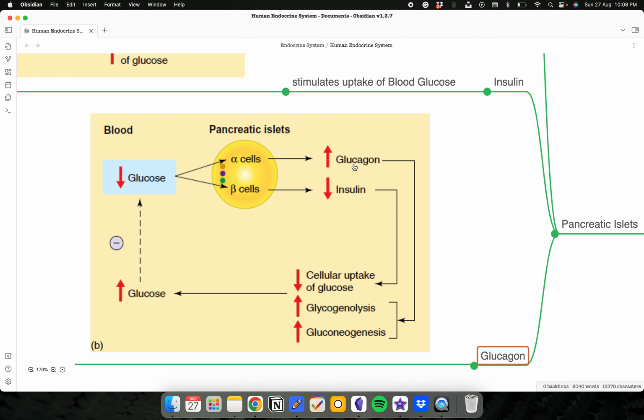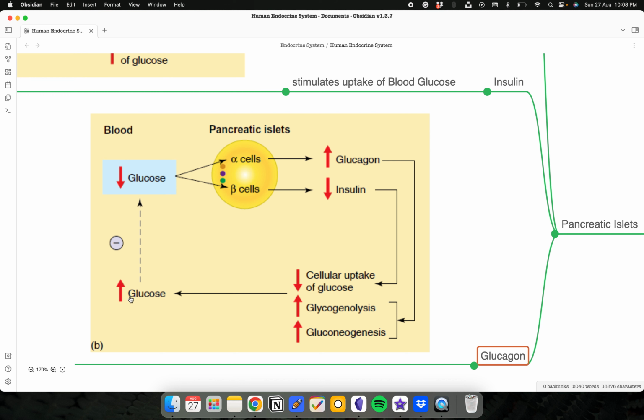But since the production of glucagon is more, there will be a huge rate of glycogenolysis, that is the breakdown of glycogen to glucose, and gluconeogenesis, that means the production of glucose from non-carbohydrate sources.